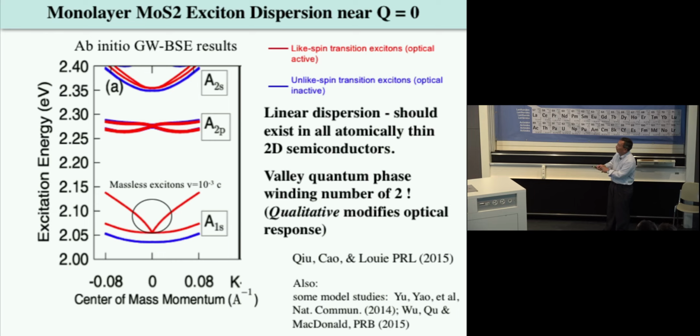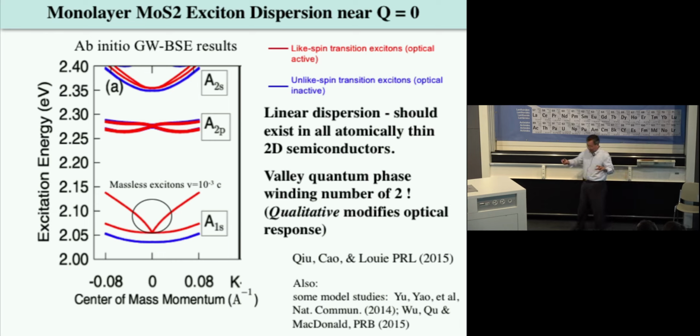The velocity of the exciton is about 10 to the minus 3 of the velocity of light. So this is a very interesting new result. The linear dispersion relation comes from the exchange term, from the form of the Coulomb interaction in two dimensions, so it should exist in all atomically thin semiconductors.